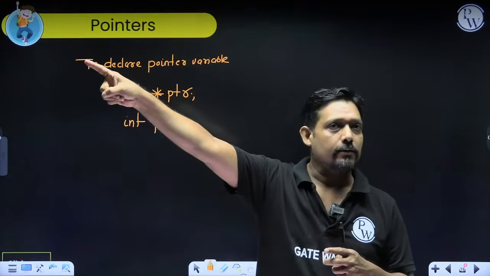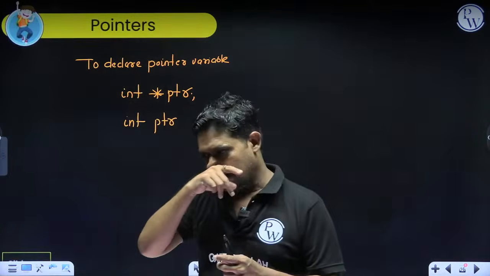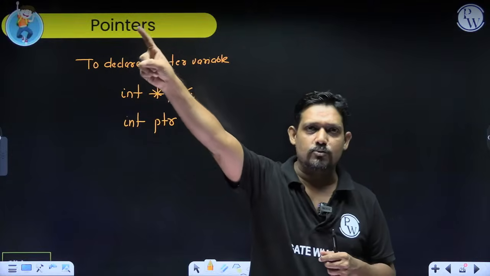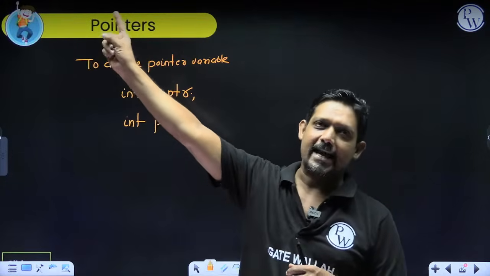So how to point? This is the way you point, and you may have seen many statues pointing towards something, saying let's go in that direction. So that same thing is a pointer basically.